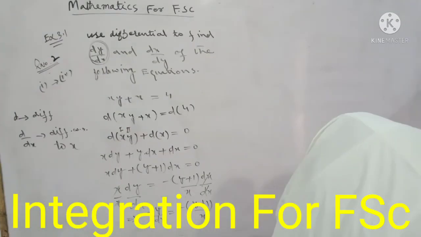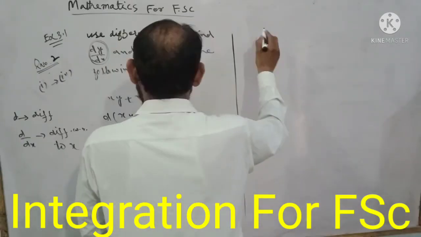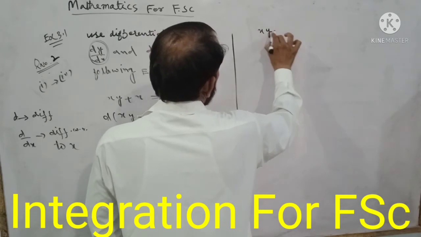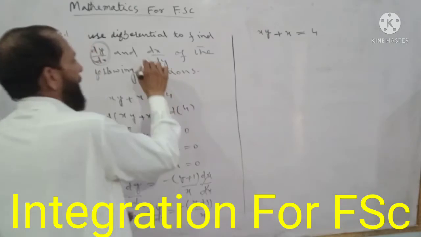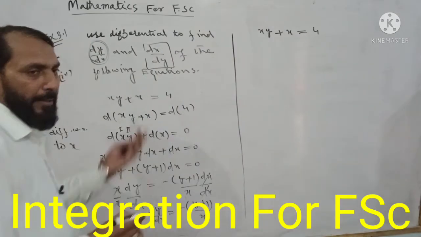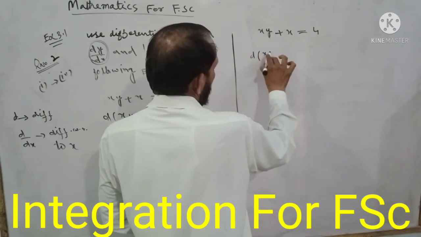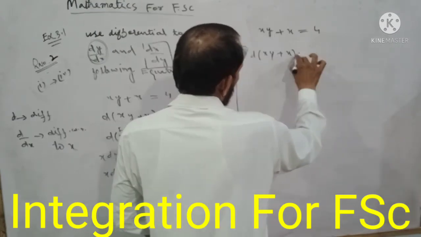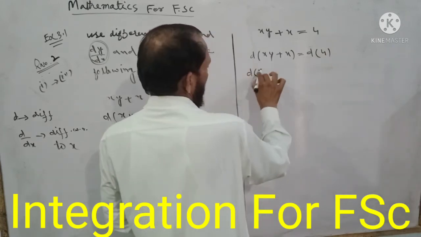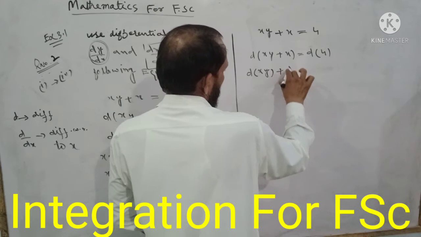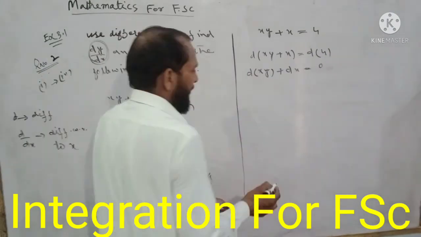Similarly, we can find the second value dx over dy. We take again the given function, and we have to find dx over dy in this part. Similarly, we can apply d on both sides and operate d in the bracket function. You know that the derivative of the constant must be equal to 0.